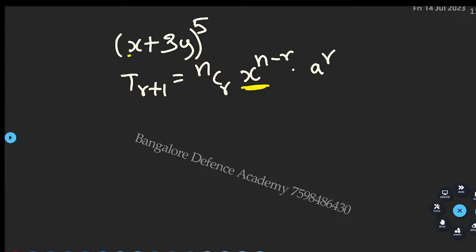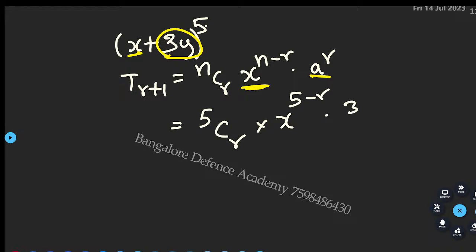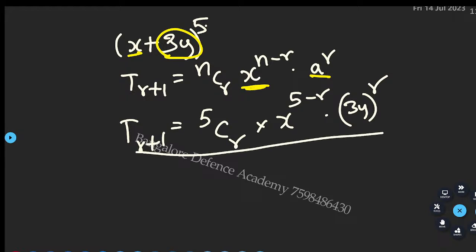Here x is the first term, a is the second term, and n is 5. So 5Cr into x as it is to the power of 5 minus r into (3y) in brackets. If you don't put brackets, the answer will be wrong. r is as it is. So this is T(r+1), this is how you are going to write it.